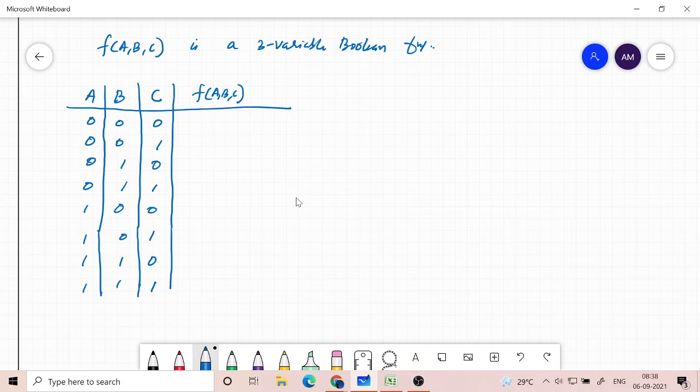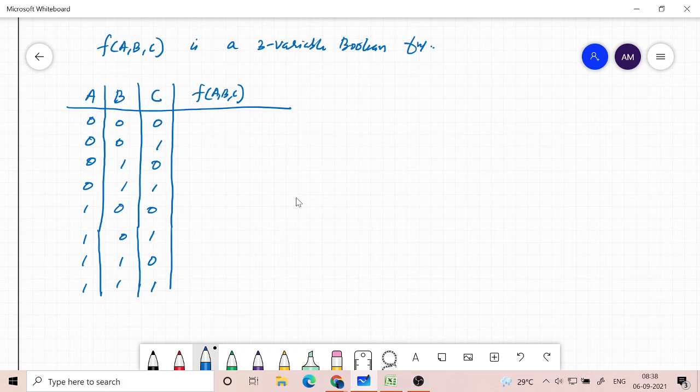Depending upon the way I put 0 or 1, I get a unique function out of the 256 possible functions. How do the 256 possible functions come about? Because I can put a 0 or 1 in the first row. Similarly, I can put 0 or 1 in the second row. In all the 8 rows, I can put 0 or 1. So it is basically 2 into 2 into 2, 8 times. That is 2 raised to 8, so that is how we have 256 possibilities.